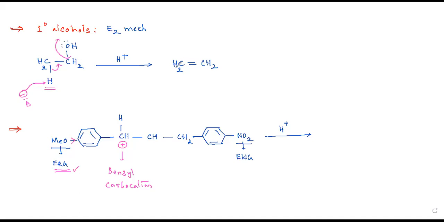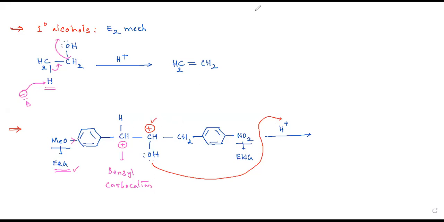Now, let's see the mechanism. I did not write the OH. This is where I have the OH. Now, see the mechanism. As usual, this. Let me show you in one step. As and when the OH group attacks the H plus, of course, it becomes OH2 with a positive charge. Then the bond just goes off and you get this positive charge.